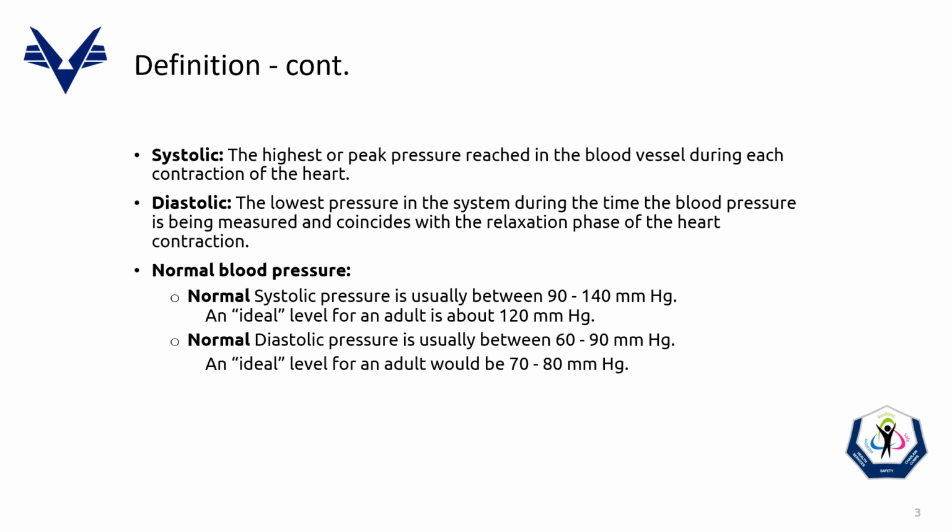A normal systolic pressure is usually between 90 and 140 millimeters of mercury. An ideal level for an adult is about 120 millimeters of mercury. A normal diastolic pressure is usually between 60 and 90 millimeters of mercury, and an ideal level for an adult would be 70 to 80 millimeters of mercury.